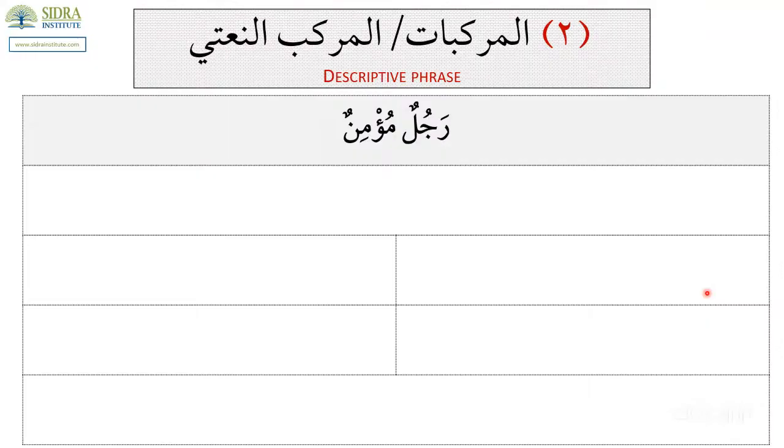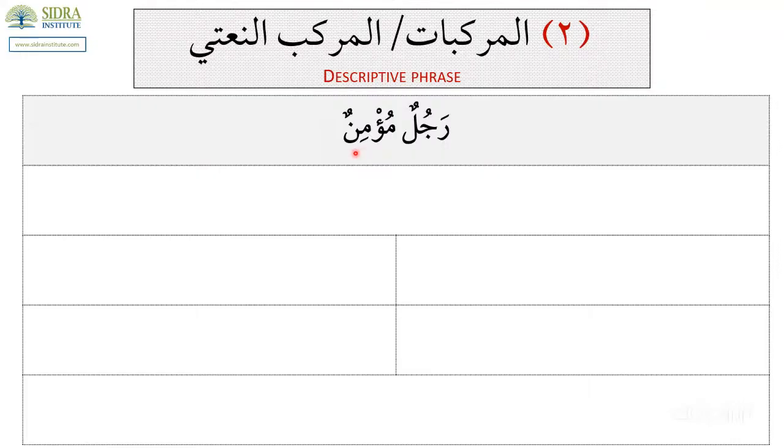So رَجُلٌ مُؤْمِنٌ, we're just taking this part out to explain the descriptive phrase. So rajulun means man and mu'minun means believing. So notice when we have a descriptive phrase in translation, we will mention the description first, so the na'at, which also is known as the sifa.